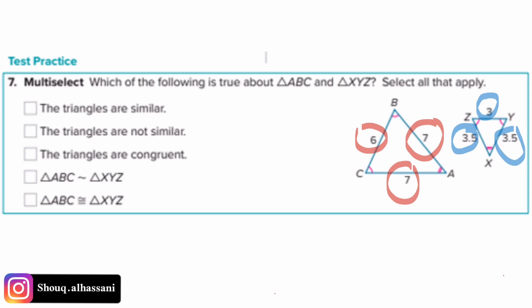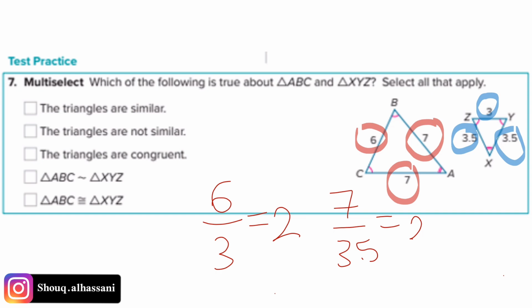So 6 divided by 3 equals 2, and 7 divided by 3.5 equals 2. So since all corresponding sides have the same ratio, the triangles are similar.